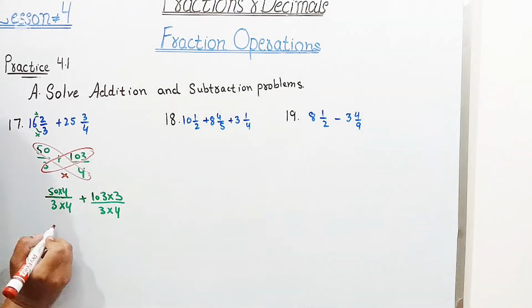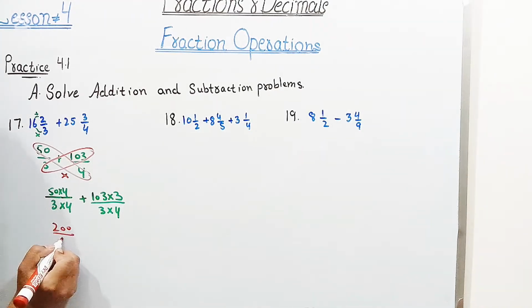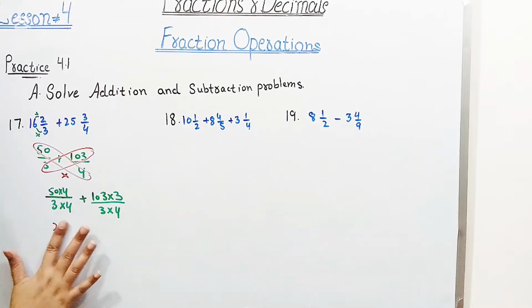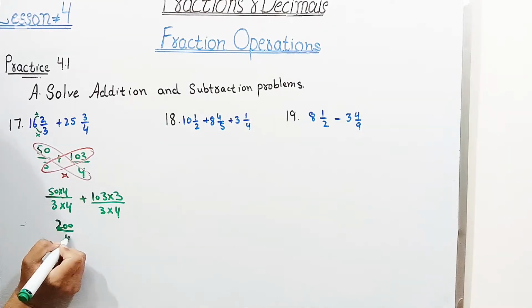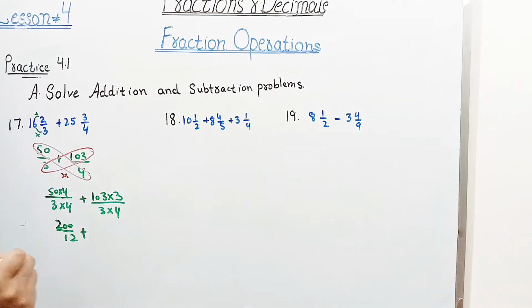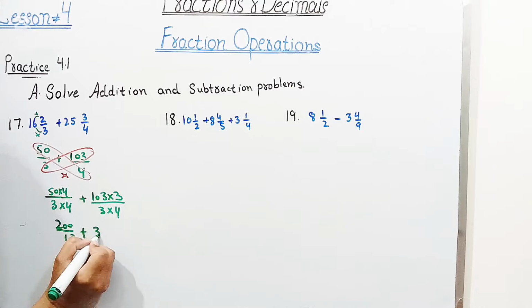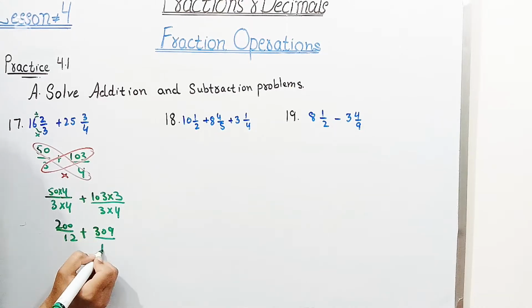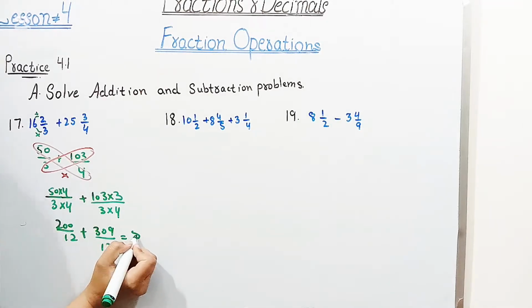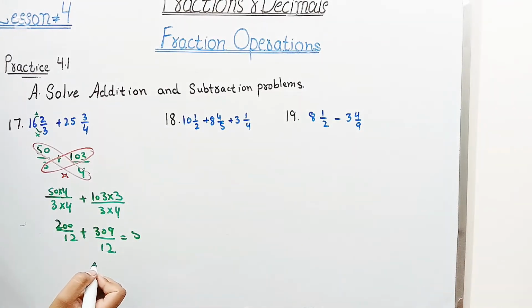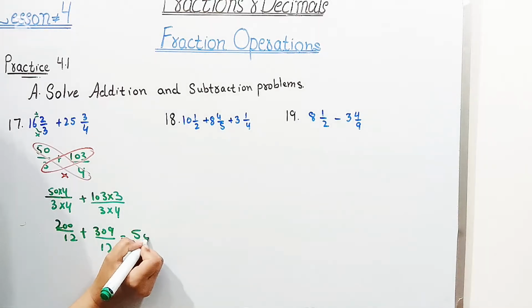So 200 divided by 12 plus 309 divided by 12. When we add them, 509 divided by 12.